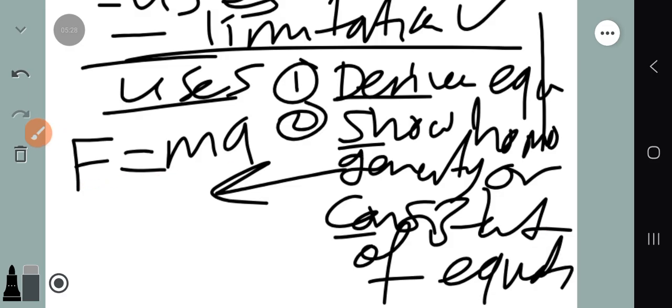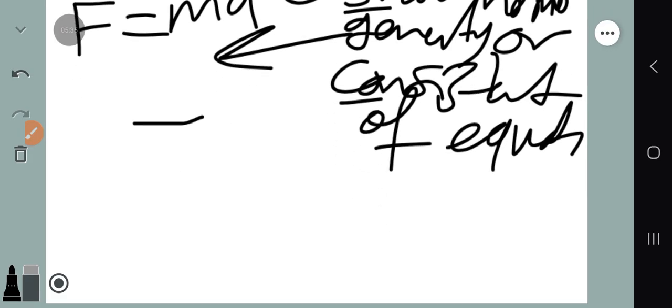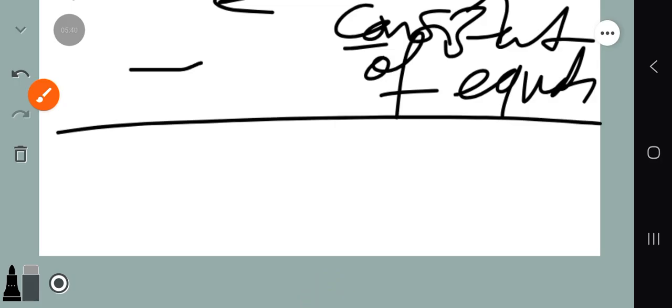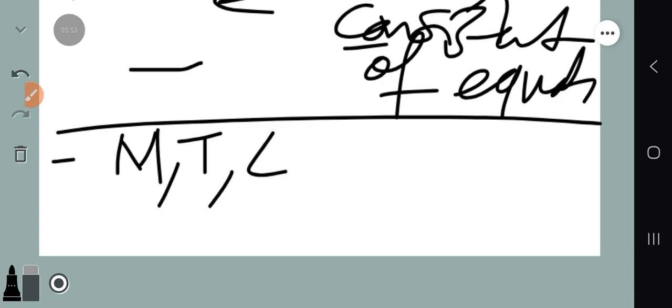Now, apart from the uses of dimension analysis, there are also what we call limitations, right? Limitations of dimension analysis: number one, these dimensions are only applicable to mass, time, and length.